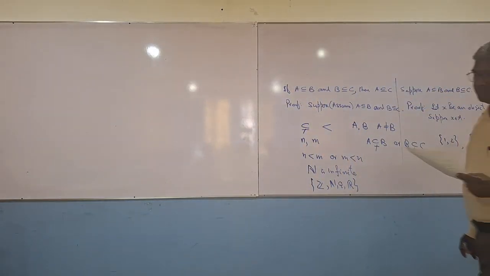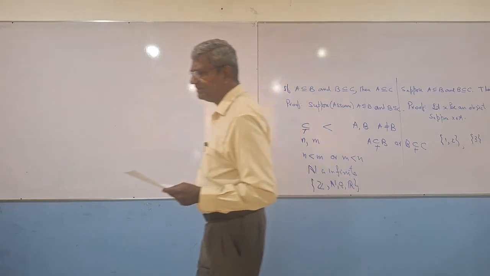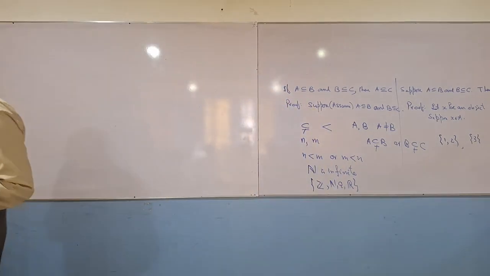What is this axiom of specification? This is new to me, the name is new to me, but the result is of course very natural. Let A be a set, and for each x belongs to A, let P(x) be a property pertaining to x. That is, P(x) is either a true statement or a false statement.